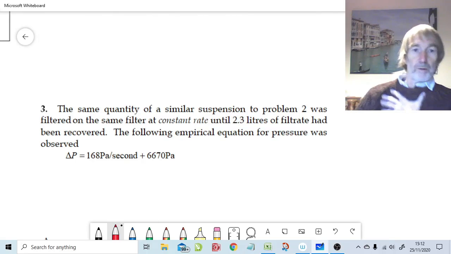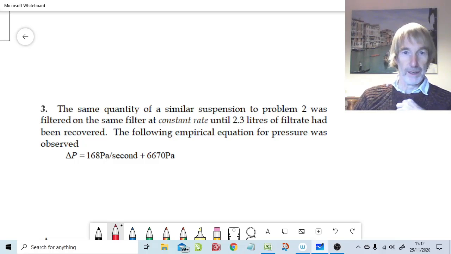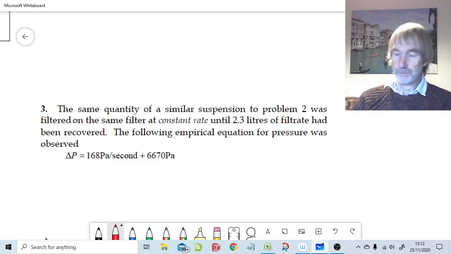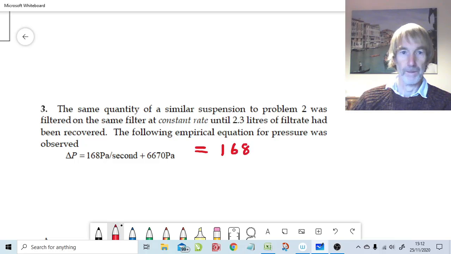Well, in the problem we're given an empirical equation, which is probably best interpreted into an algebraic equation which says that delta P equals 168 T, where T is in seconds, plus a constant of 6670.